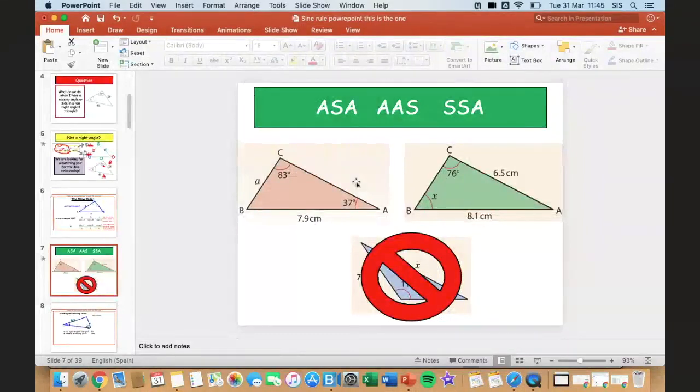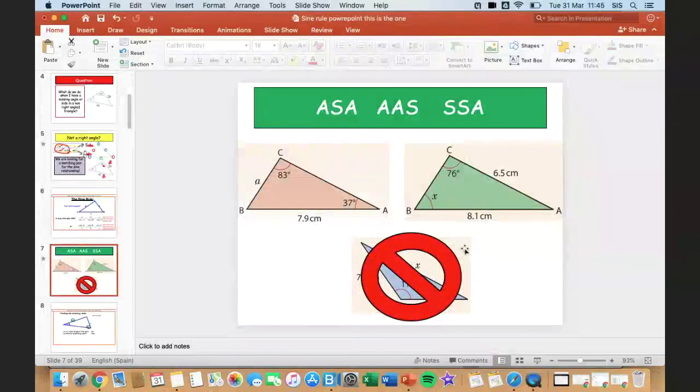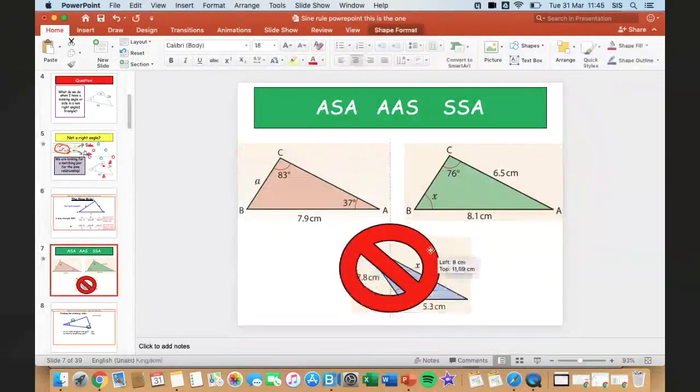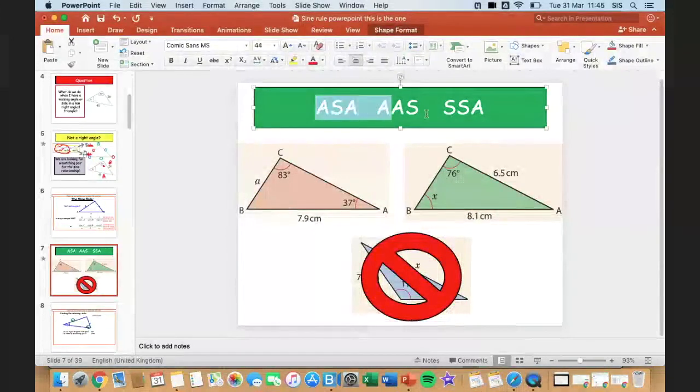Right, so the key thing we need to do for this is we need to focus on the following. So these are the kind of things that will allow you to use the sine rule. Now for some people this gets a little bit confusing, so this is an optional thing to copy down. You need an ASA triangle, an AAS triangle, or an SSA triangle to use the sine rule, and I need to explain what that means.